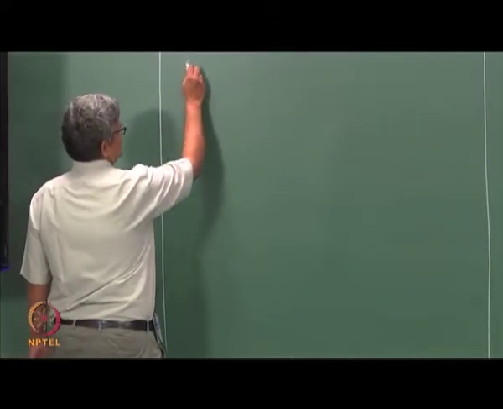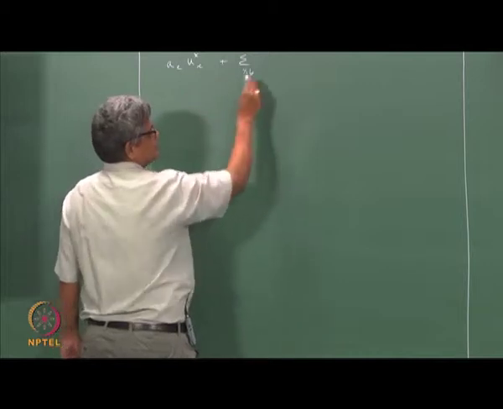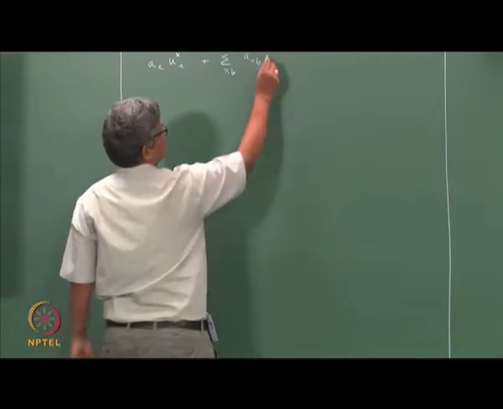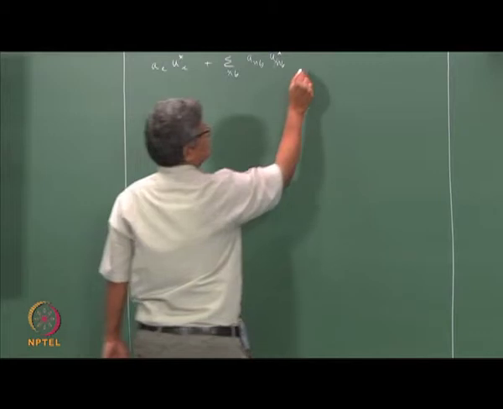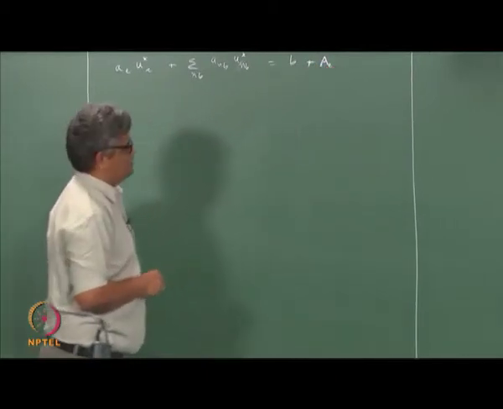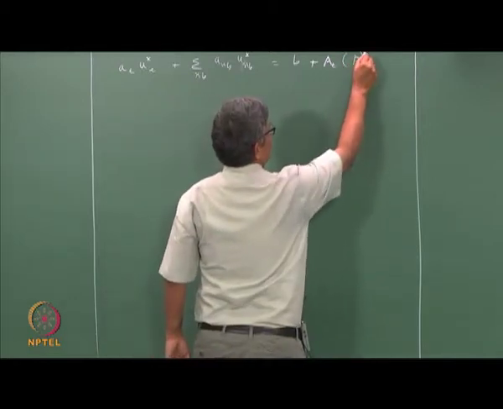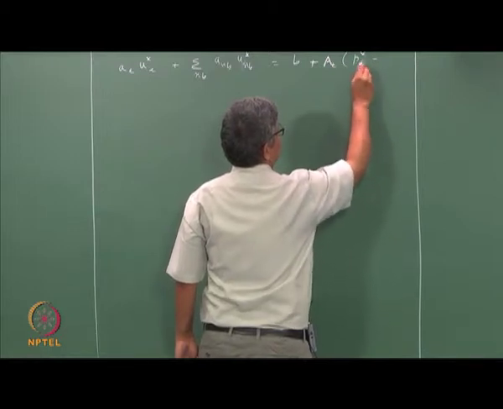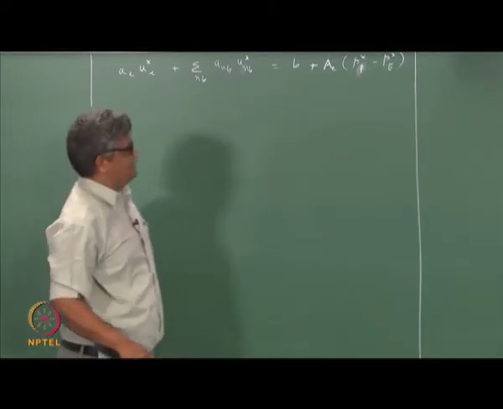discretized momentum equation, which we wrote as sum over the neighboring locations where u velocity is evaluated times their respective coefficients times the neighboring velocity component equal to a constant b, plus, to be consistent with our notation on the PowerPoint slide, we have a coefficient times p dash P minus p dash E, because we have put a plus here, assuming A is a positive quantity.